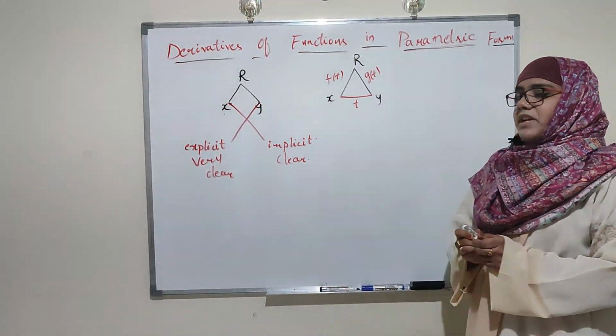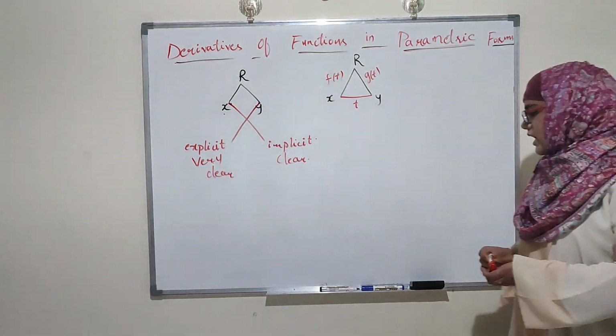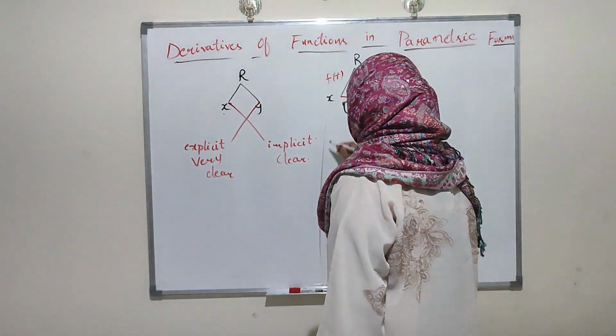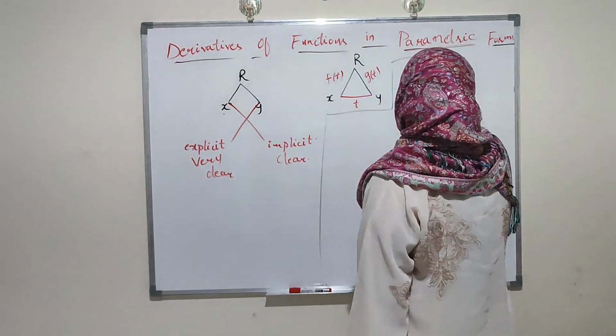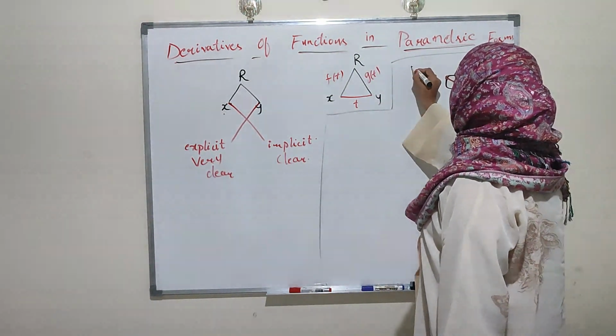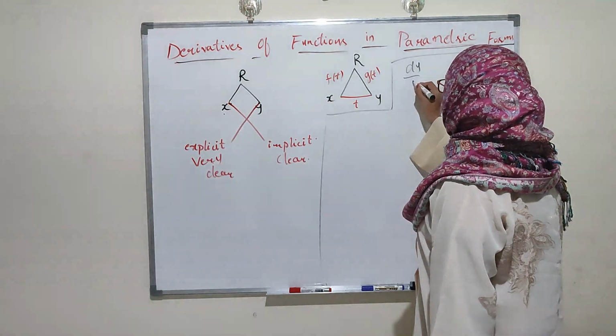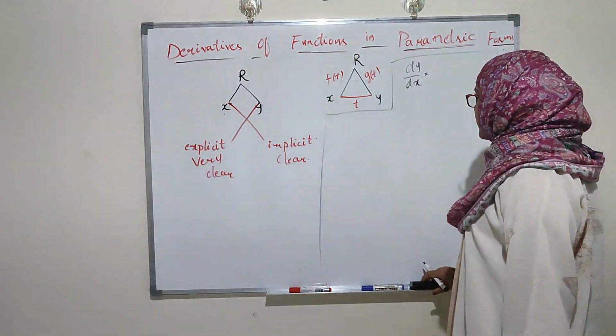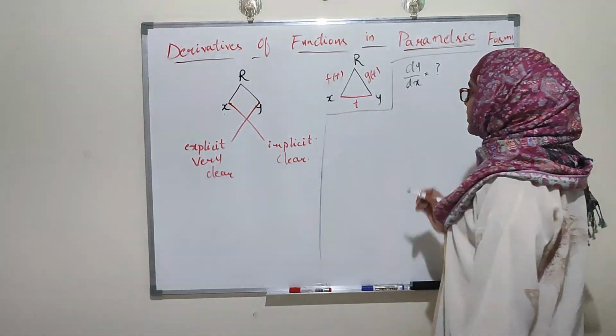So in terms of derivative, how to write this? I will show you. In terms of derivative, how to solve? Here we have dy by dx is equal to, first write how to find. Now we have to find dy by dx.